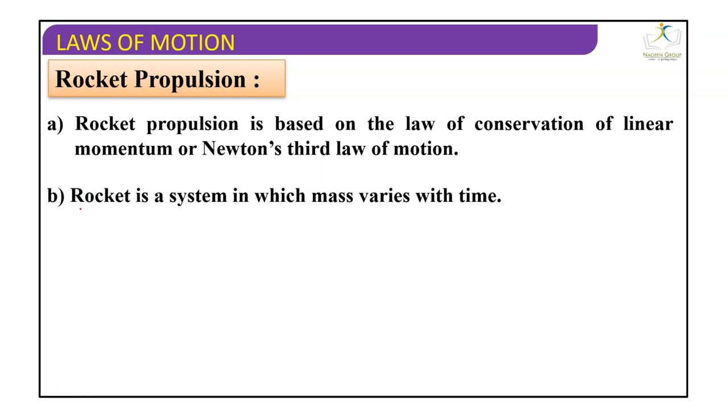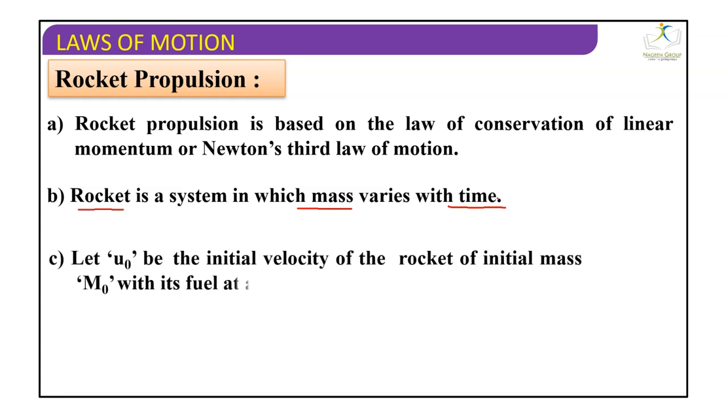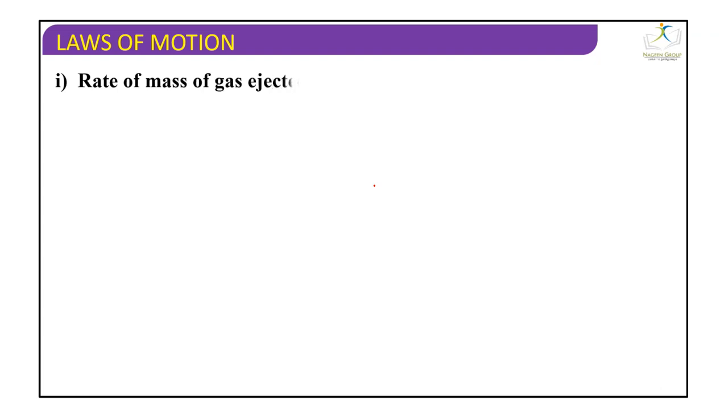Second, we can say a rocket is a system in which mass varies with time. Suppose u naught is the initial velocity of the rocket, I'm just taking it as u. Initial mass is m naught with the fuel. With respect to time, mass varies, so mass changes after a certain interval of time.